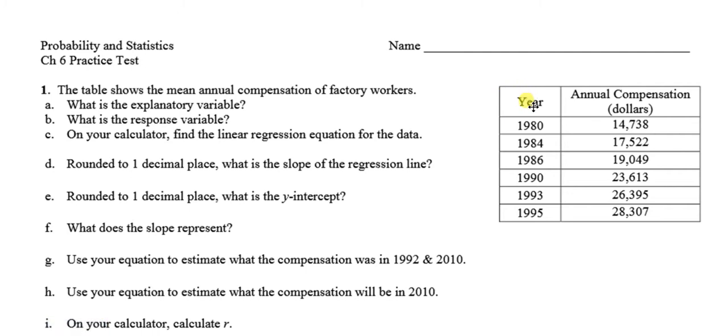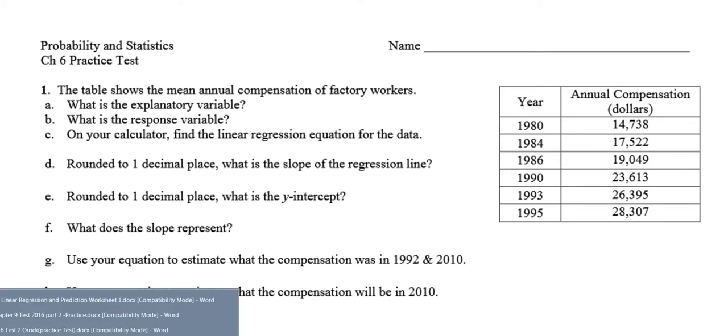We're going to put the first list into list 1 and the second column into list 2 on the calculator, and then we can get our linear regression line and our correlation coefficient all from a couple of buttons on the calculator. We could even do a scatter plot if we wanted to.